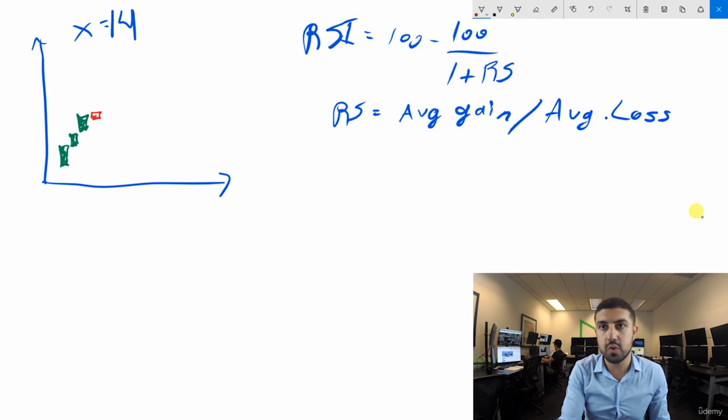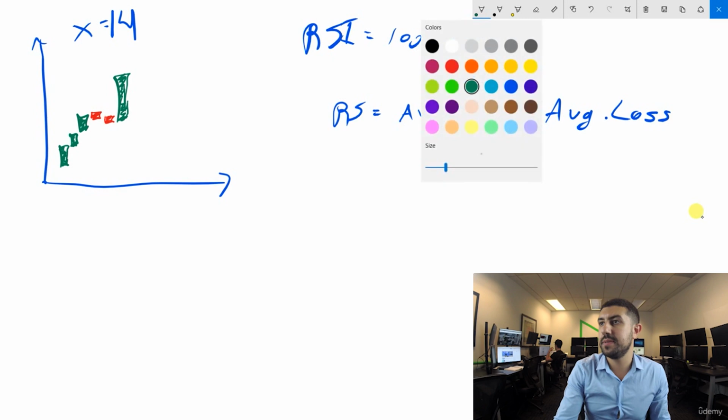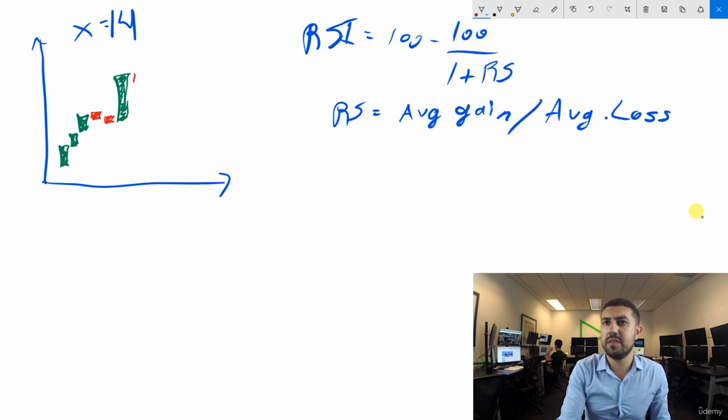So maybe here it goes down a bit, here it goes down a bit again, and then we have a very big green candle, and let's say we have a bunch of small red candles, and let's say another green candle up to here.